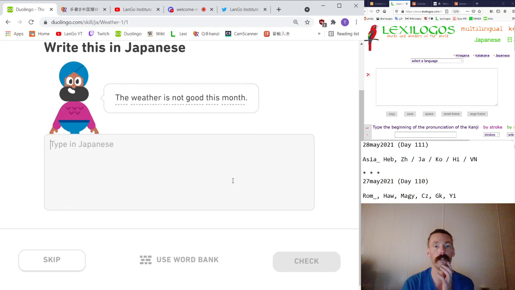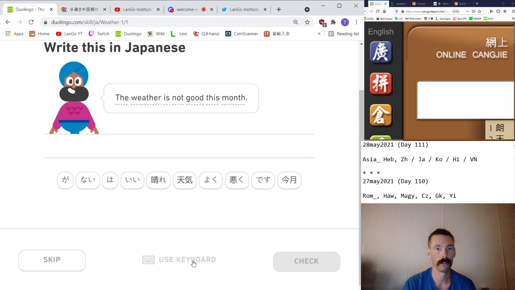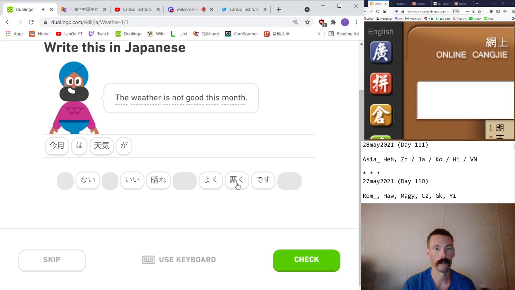The weather is not good this month. 今月は天気悪いです。 We could add a particle there to make it 天気が. That would get the same meaning, but it's not good, rather than saying just it's bad.